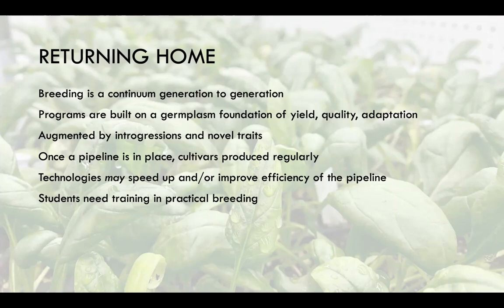Constantly trying to improve your ability to assess the phenotype in a way that makes most sense and to move things as fast as possible through the system. And there's various technologies that I mentioned that almost certainly are going to speed things up. And if they don't speed things up necessarily, they'll make us more efficient when we do our selections. And so it was exciting to see how that might work out.